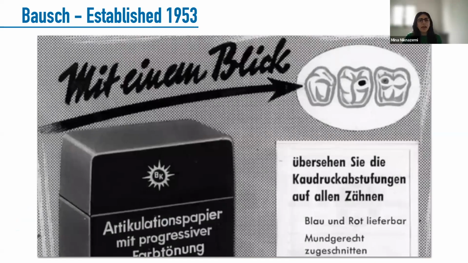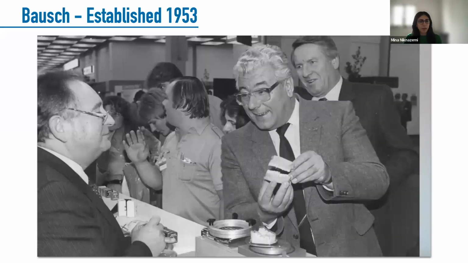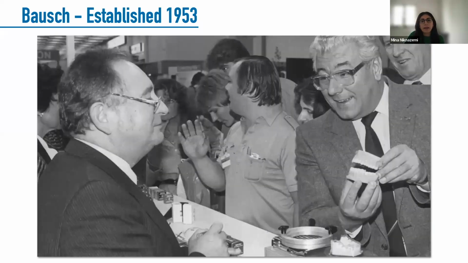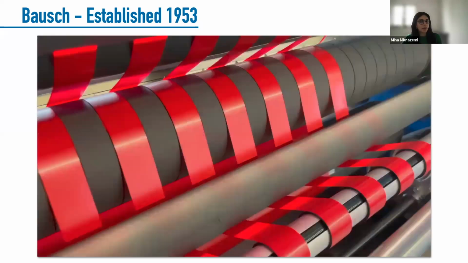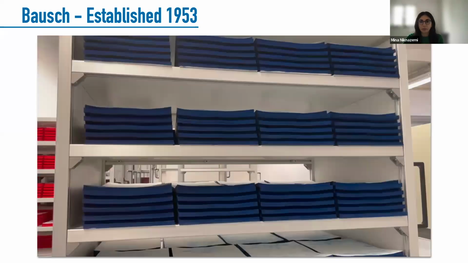And if we think about occlusion and the definition, we see that it's any contact between the teeth of the upper and the lower jaw. So any restoration, for example, fillings or crowns, may mean an intervention in this system.